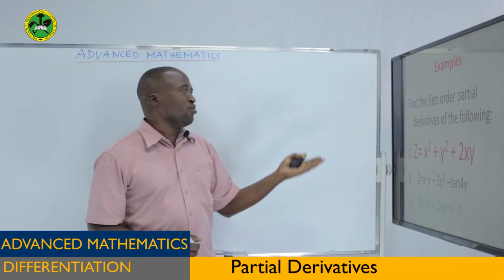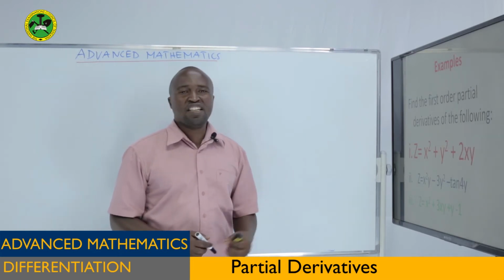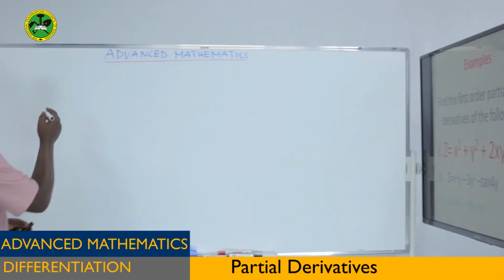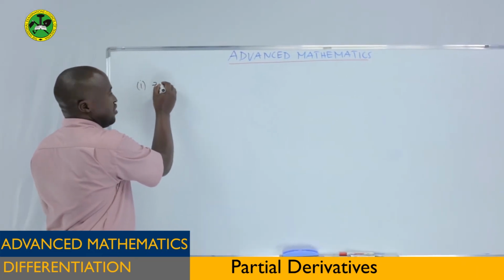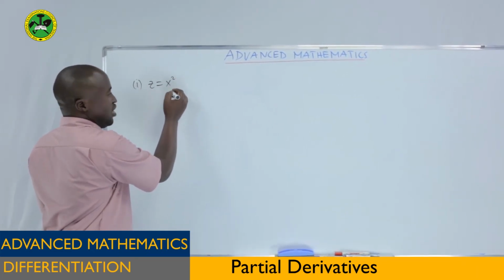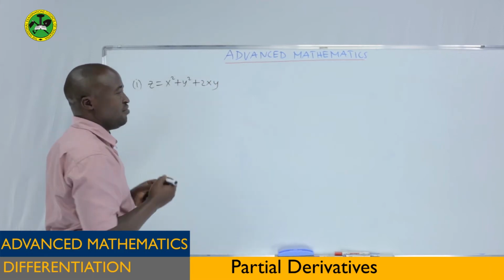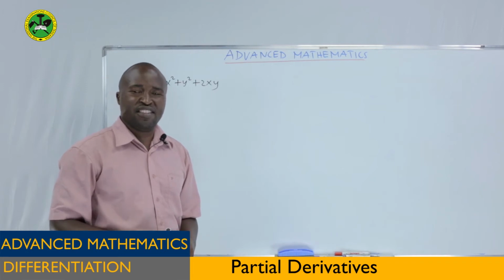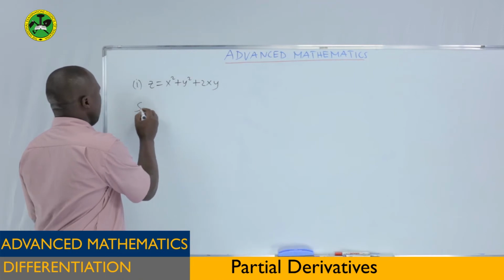We are supposed to find the first order partial derivatives of this function. Now our question: we have z is equal to x squared plus y squared plus 2xy. We are supposed to find first order partial derivatives. Now we can start with the solution.